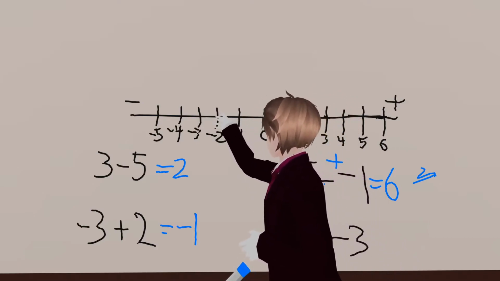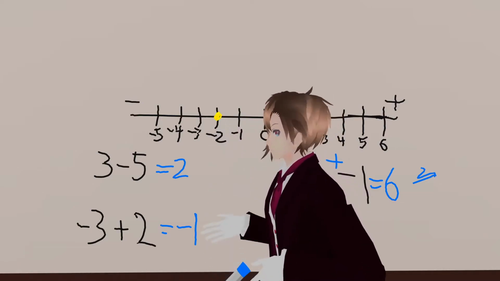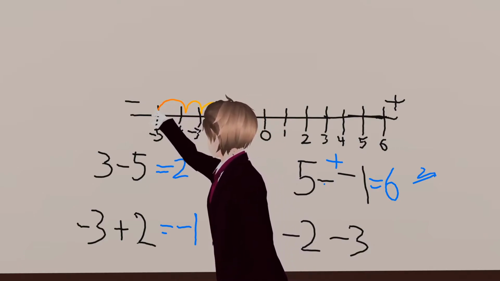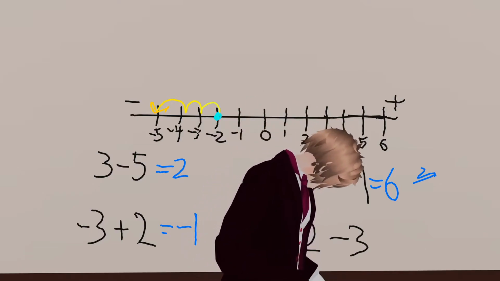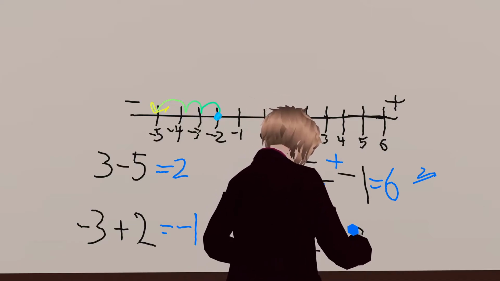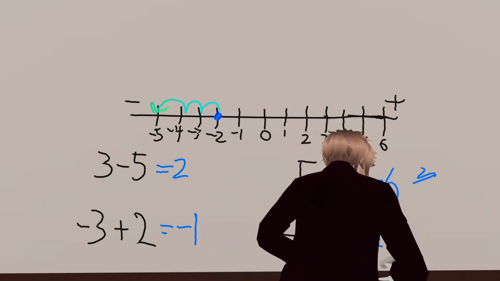We have negative 2 is here, and we're going to take away 3. So 1, 2, 3. So we end up at negative 5. So the answer here is negative 5.